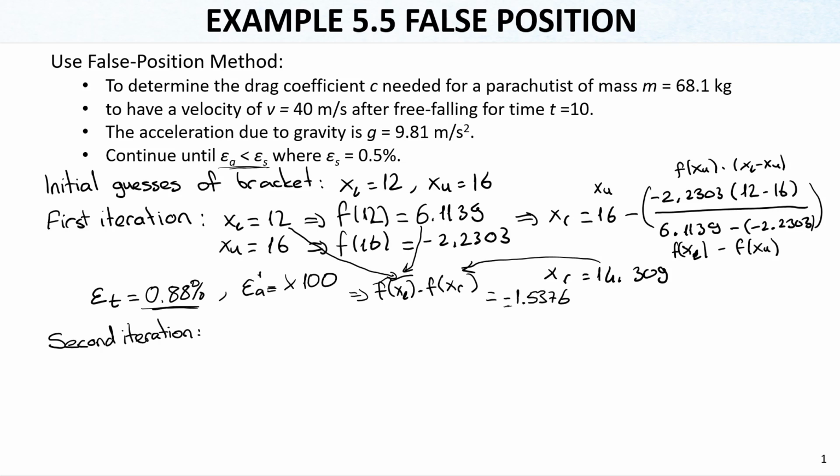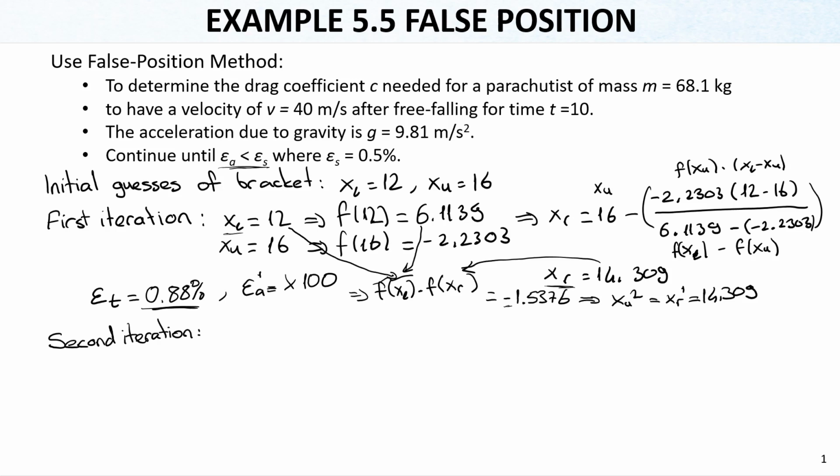If it is negative, then the root is on the left side, which means we will use xl again, and this xr will be our upper value. Then xu for the second iteration is equivalent to xr from the first iteration, which is 14.309.